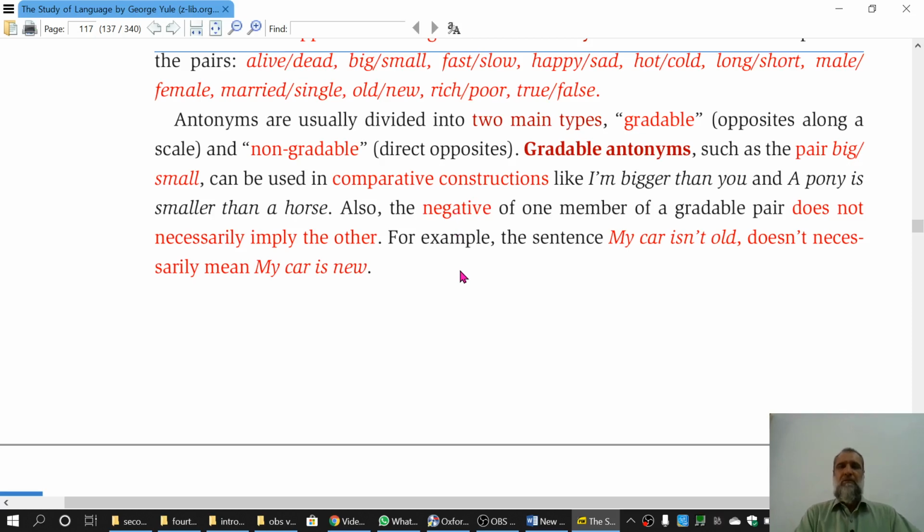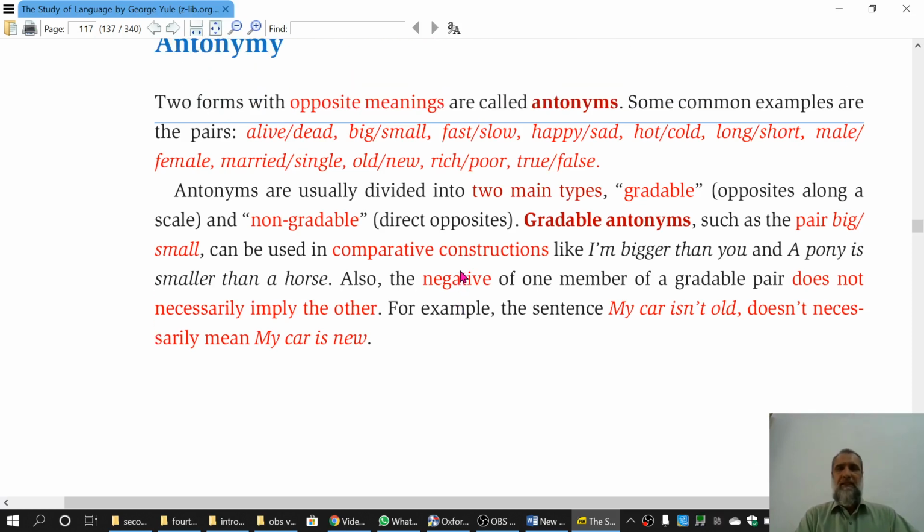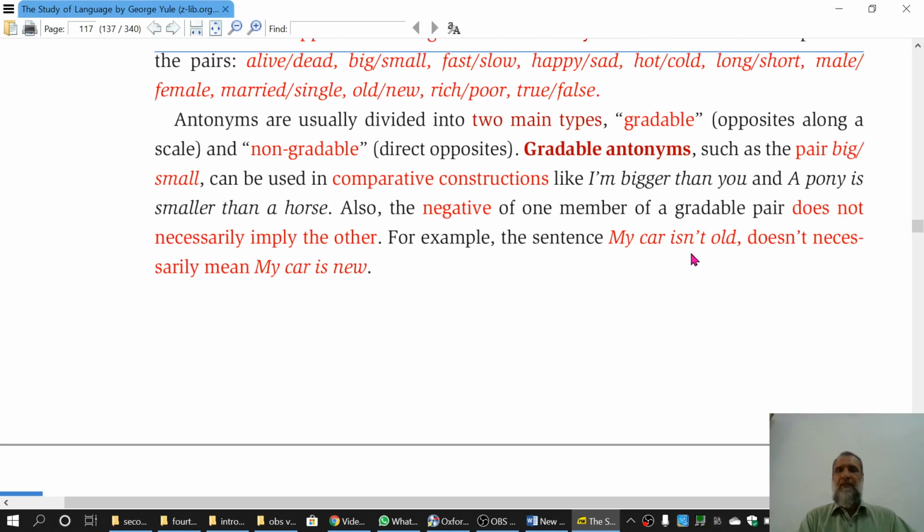So if we say my car isn't old, this isn't old is the negative, and it may not mean new. So the negative of one may not mean the positive, the other one.